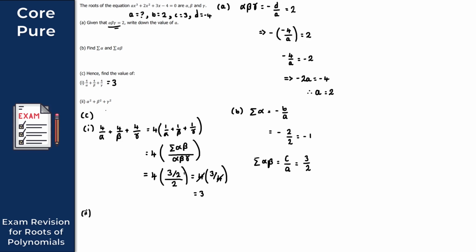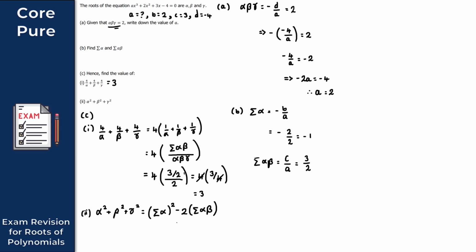We've got alpha squared plus beta squared plus gamma squared. And again, just by using our alternative notation, you should be able to see that this is equal to sigma alpha all squared minus 2 lots of sigma alpha beta.